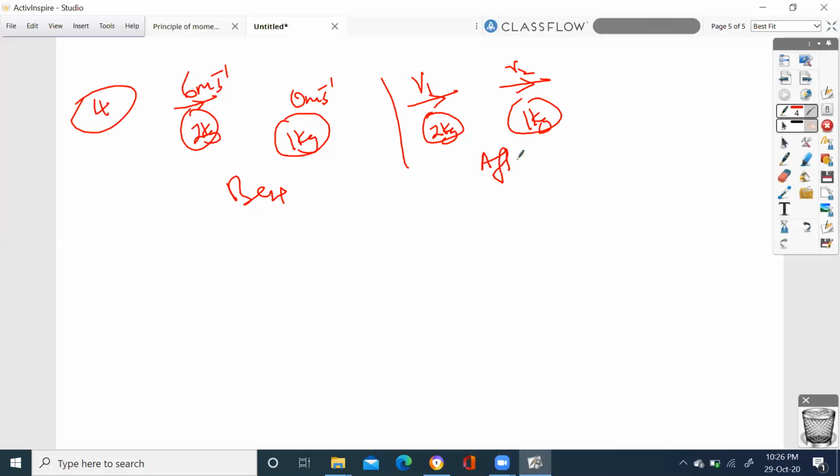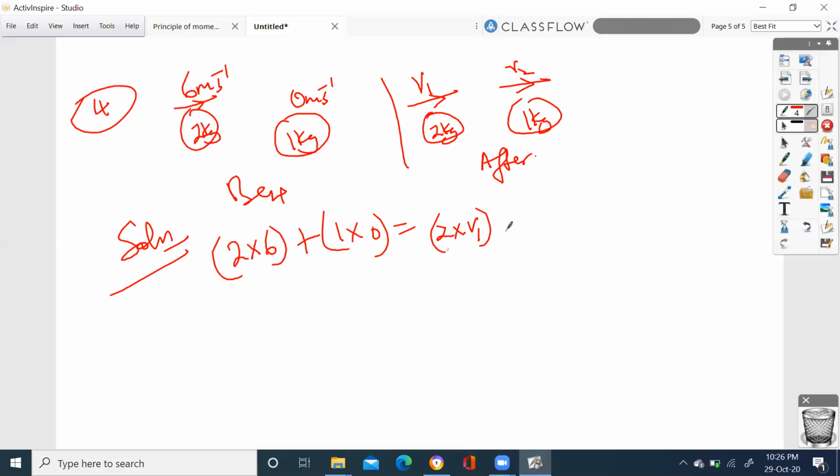For the solution, we can say that 2 times 6 plus 1 times 0 equals 2 times v1 plus 1 times v2, assuming everything is going in the positive direction. So 12 equals 2v1 plus v2. This is our first equation.